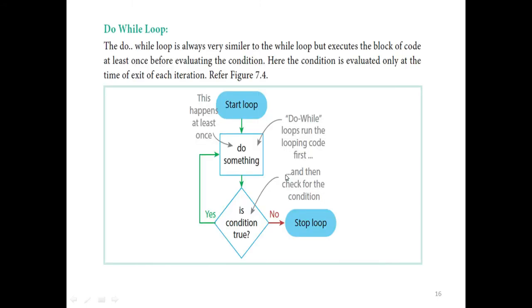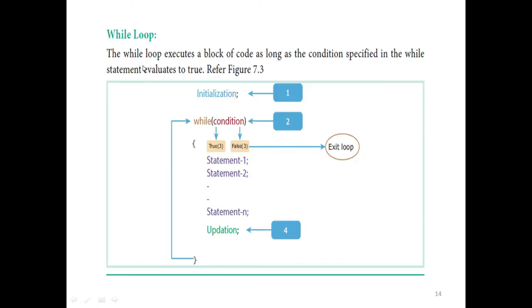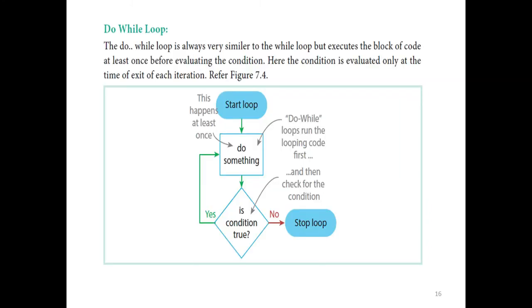And then the next one is important for you. Once again, it's an important 5-mark question. Explain do while loop. The do while loop is very similar to the while loop, but it executes the block of code at least once. If you see the while loop, the condition is at the beginning. If you refer to the do while loop, the condition is at the end.